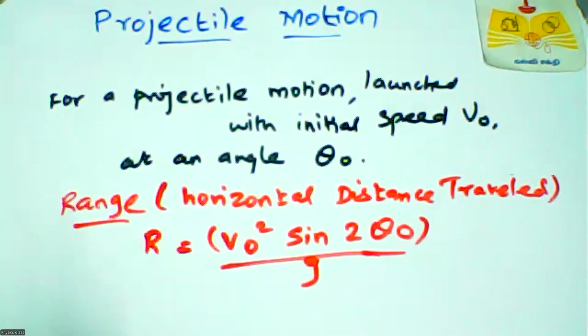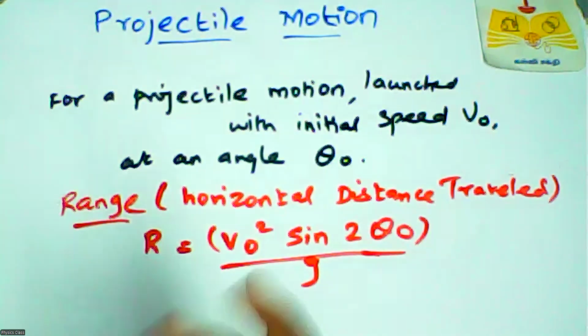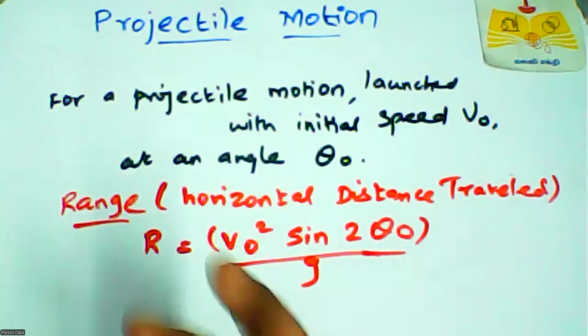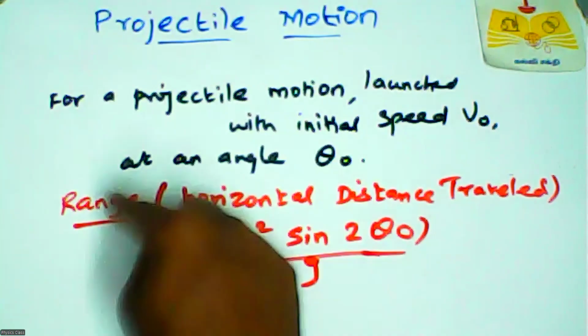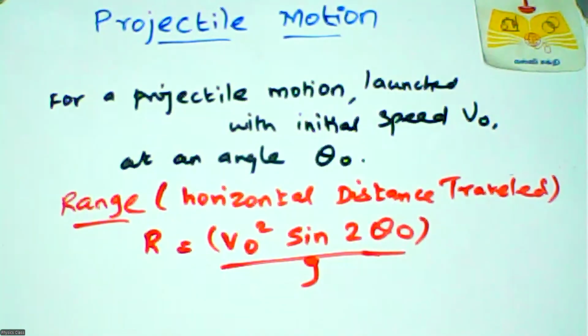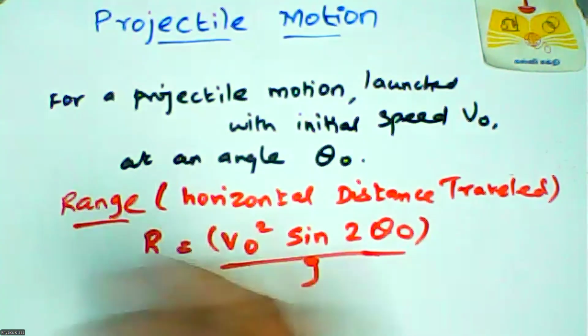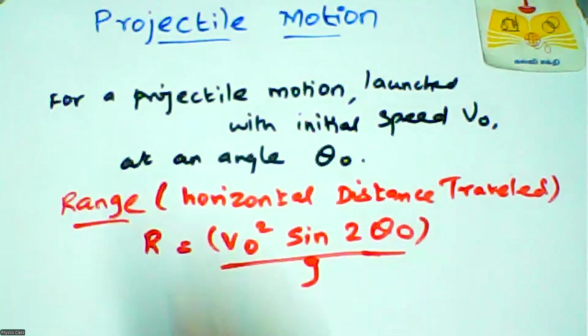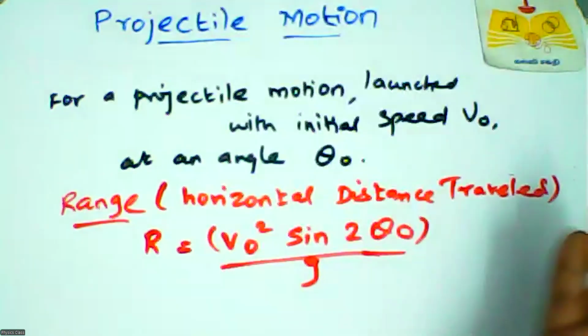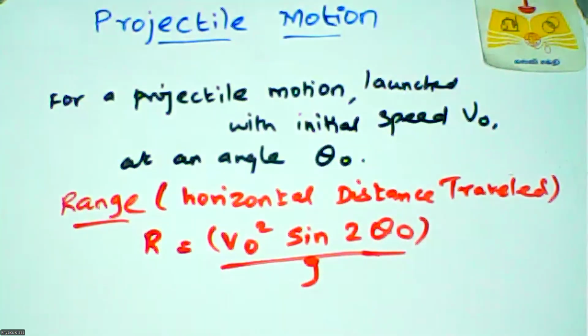Range means nothing but the horizontal distance. The object travels in a parabolic path, covering the horizontal distance from the initial point to the final hitting point. So this is the range: V naught square sine 2 theta naught by g.